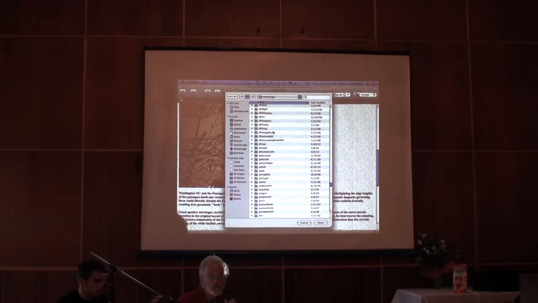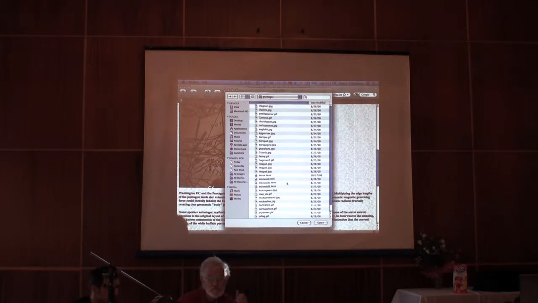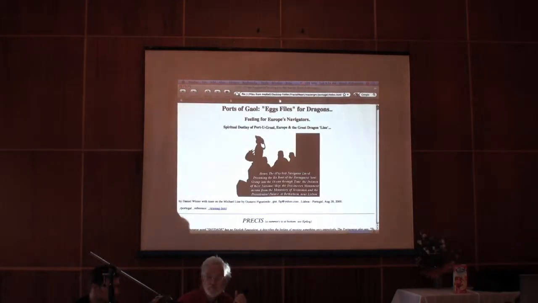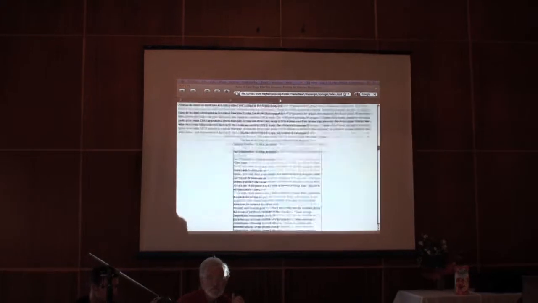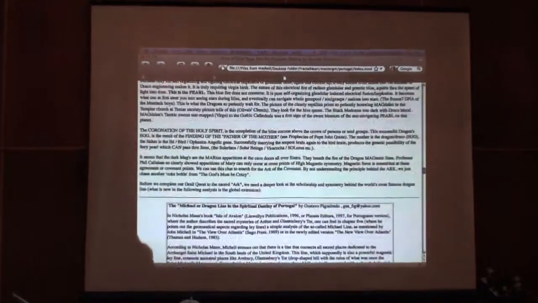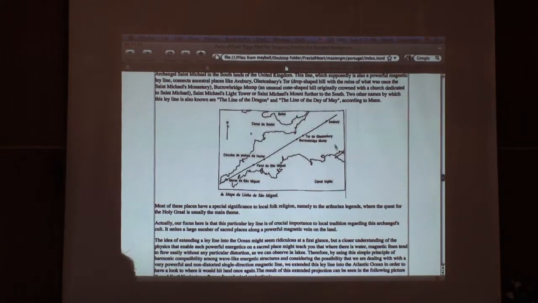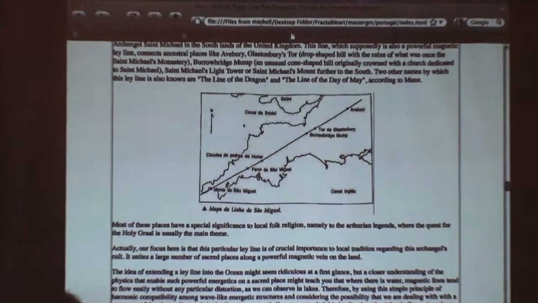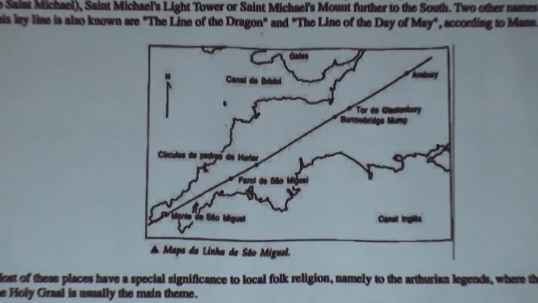Just to give you another idea of how important that relationship is to very long waves. Tutaj kolejny przykład nam pokaże, żeby tą relację między małymi falami i dużymi zademonstrować. Here's the Michael line, the dragon line through England, Britain. To jest taka linia, smocza linia, która ciągnie się przez terytorium obecnej Anglii.